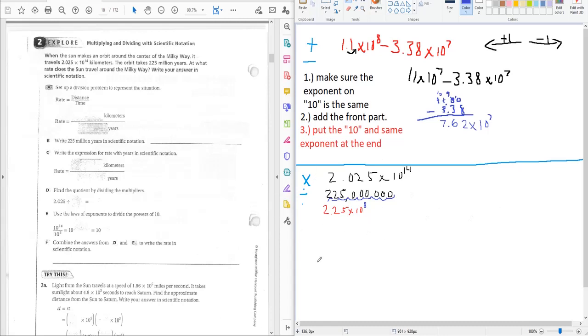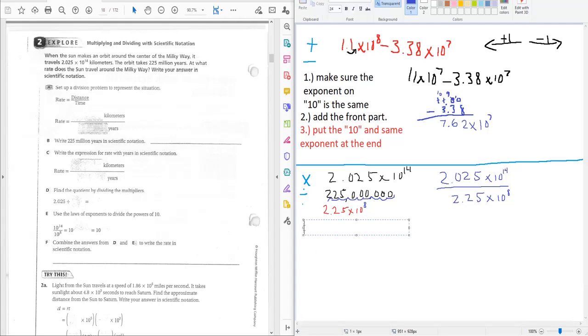If I were to divide them, so here I have 2.025 times 10 to the 14th divided by 2.25 times 10 to the 8. Okay, the steps are very much more straightforward.